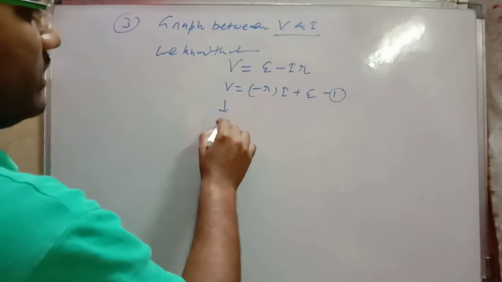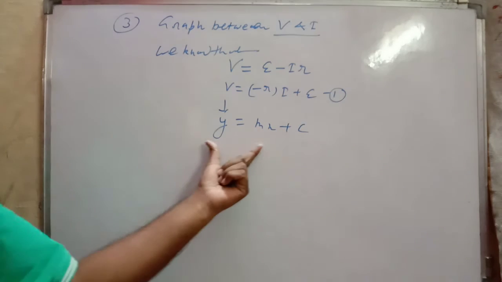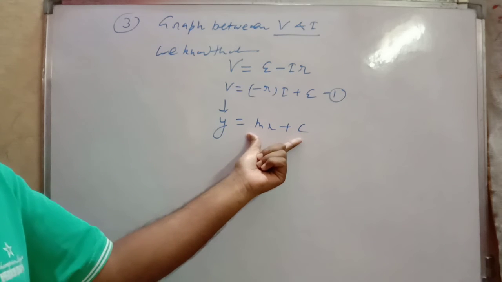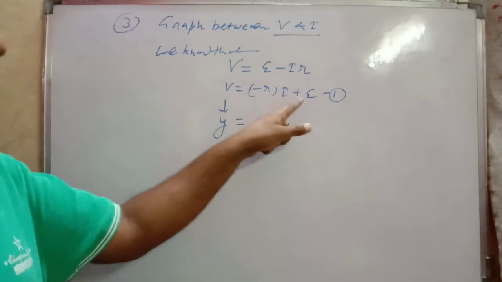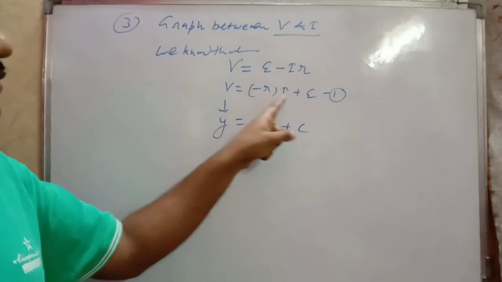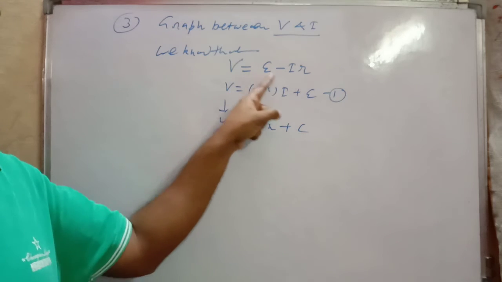This equation is like y is equal to mx plus c. Y is equal to mx plus c is an equation of a straight line. And if we compare above equation with this equation, then we conclude that equation 1 also represents a straight line, but its slope is negative.